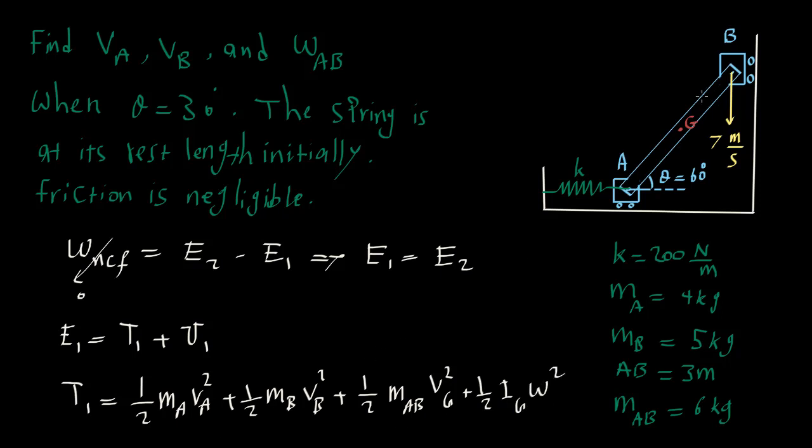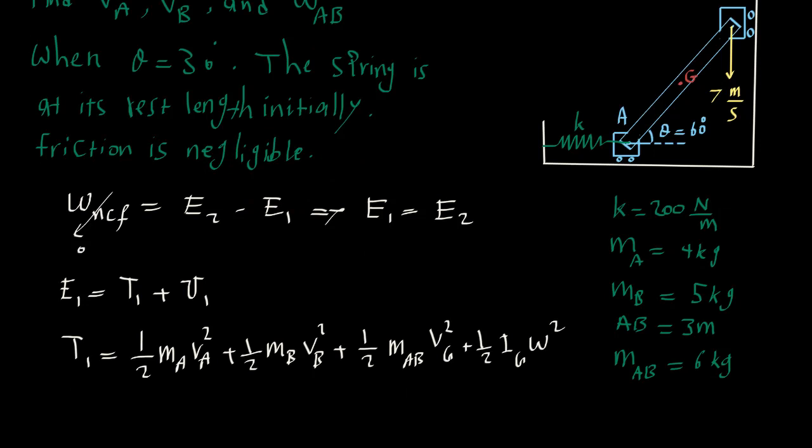Okay, so at this initial position, at state 1, we have the velocity of this slider, and based on kinematics we should be able to figure out the velocity of A and also the angular velocity of the rigid body of the link.